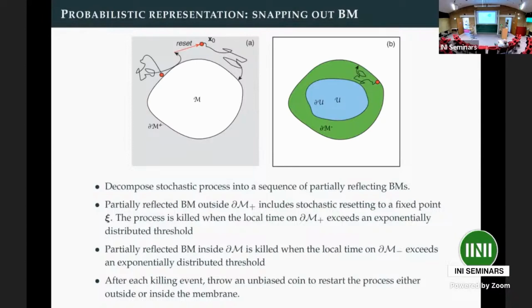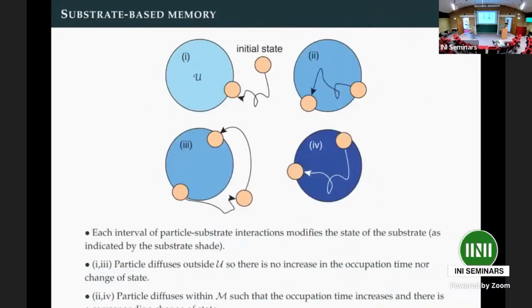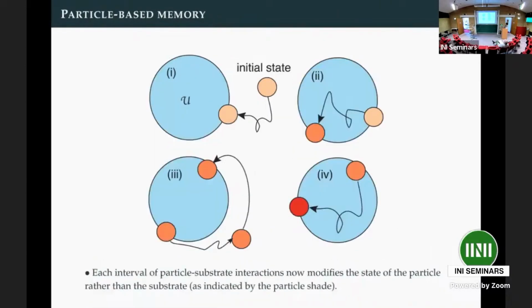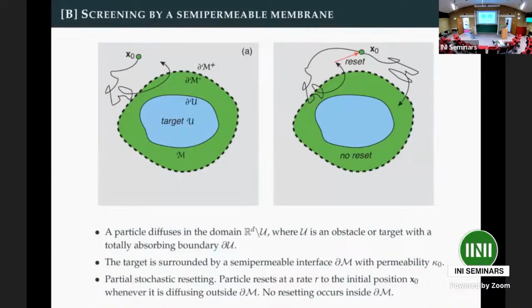But of course, you've got to think about not just writing a paper, changing the configuration slightly and writing another paper. It's about using these methods and combining them with ways to think about interesting problems. And I'd contend that thinking about, for example, the differences in whether the substrate or the particle builds up memory is one of those interesting questions to ask, as is the effect of screening. Okay.